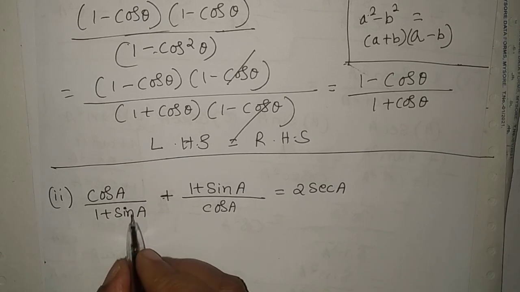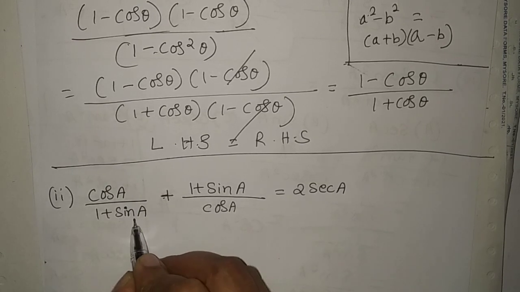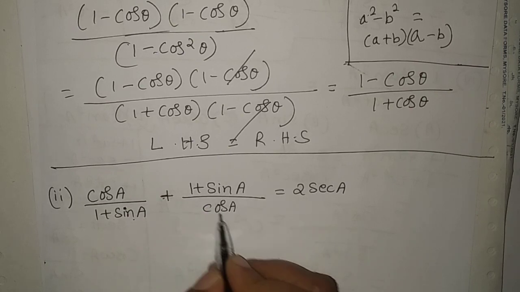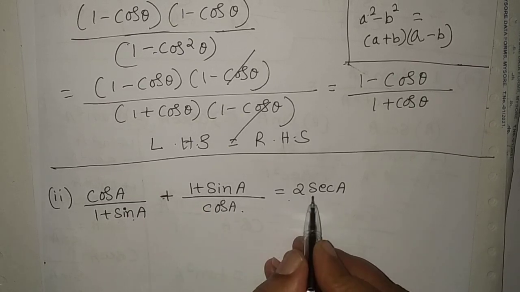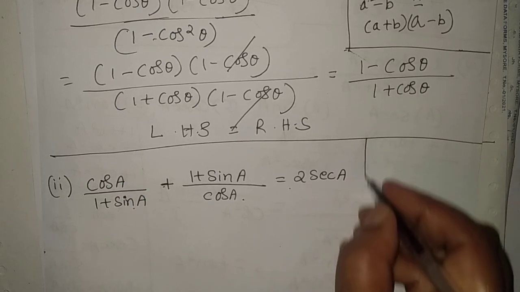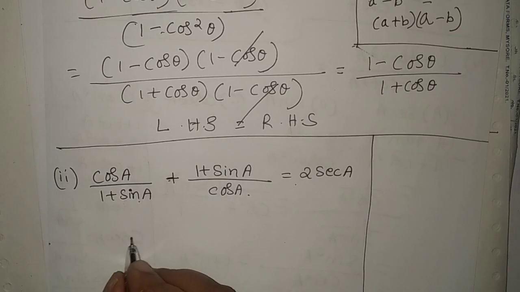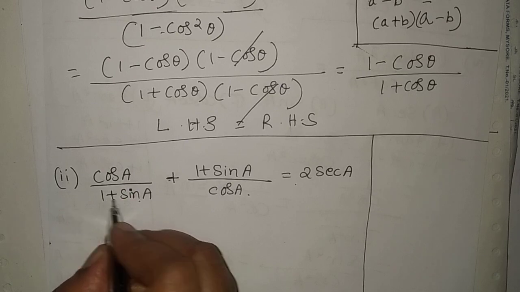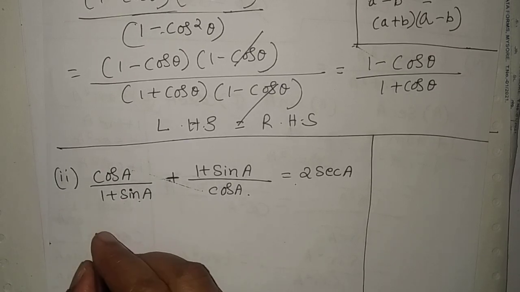Second problem. Cos A by 1 plus sin A plus 1 plus sin A by cos A is equal to 2 secant A. What we have to do, we'll just cross multiply.